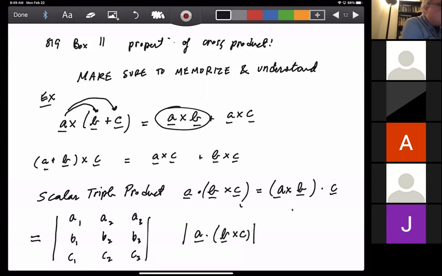So notice here, A dotted with B cross C, that's the scalar triple product of those three vectors. That's a number which could be positive or negative or zero.